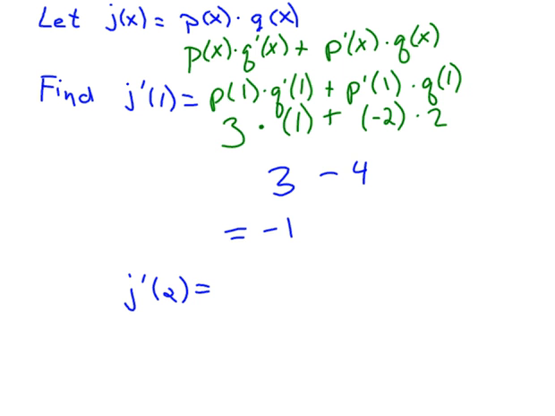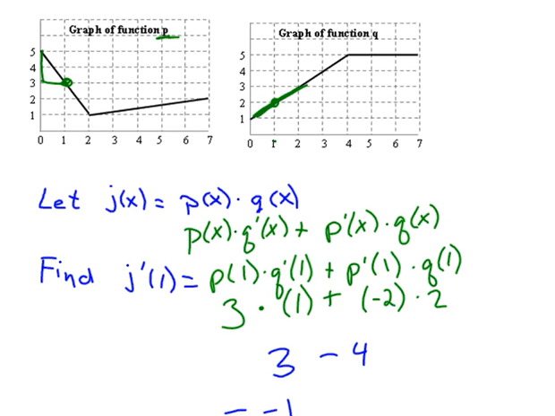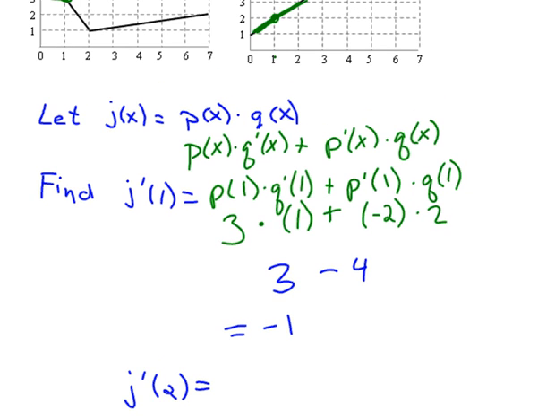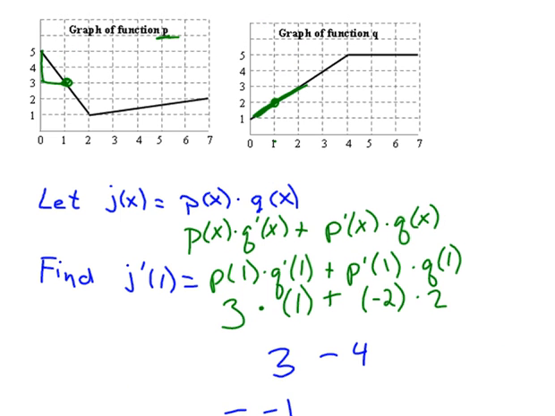Okay, why don't you go ahead and try the next one. Stop and restart the video. Okay, so j prime at 2 means I need to take p of 2 times q prime at 2 plus p prime at 2 times q at 2. So I go up to p of 2, and I see that p of 2 is 1.